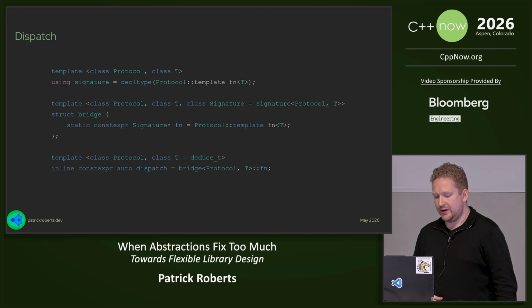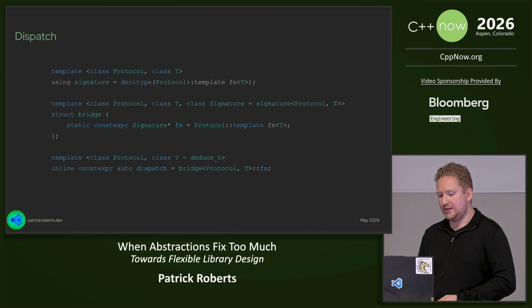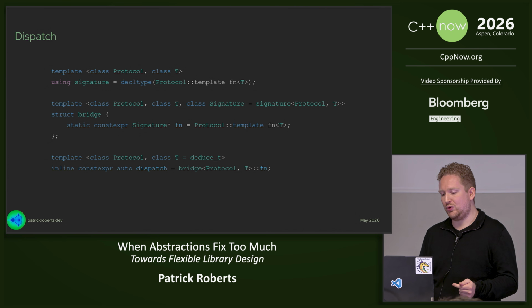And then we define a value template called dispatch that I showed in the examples previously that takes the capability. And then here I default it to a type trait that deduces the concrete type from the receiver parameter. And then that's used to determine how the dispatch is routed.